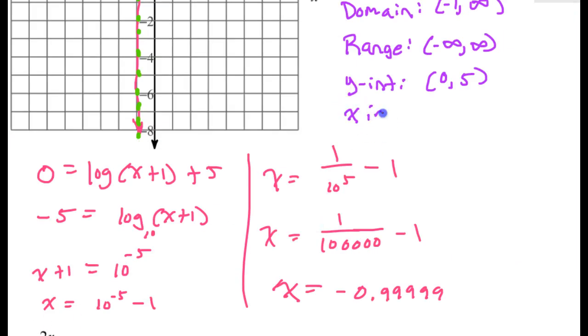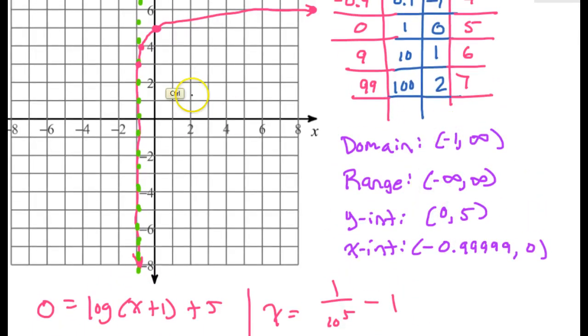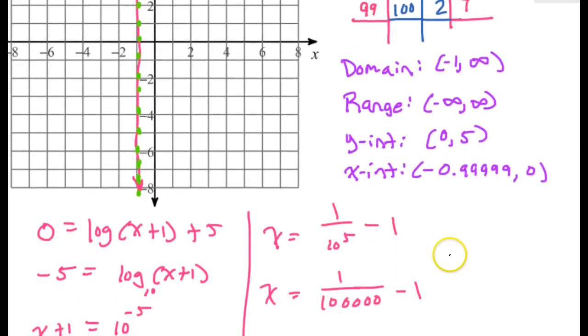So the x-intercept is going to be (-0.99999, 0). And I know it's tempting to round this to -1, but don't do that because that's the asymptote, and we have to show that we're not reaching the asymptote.